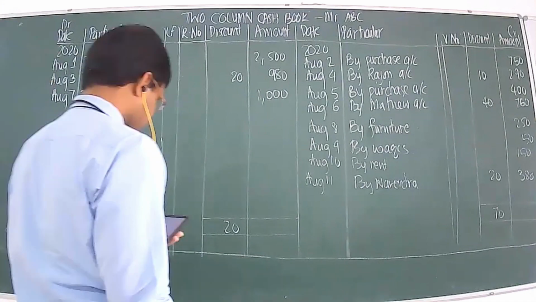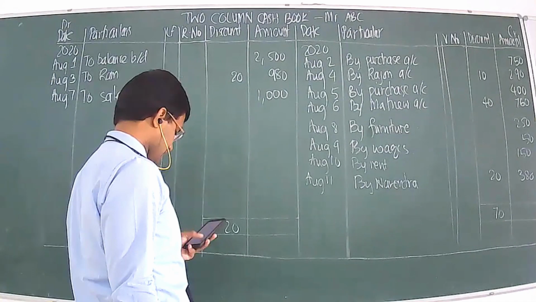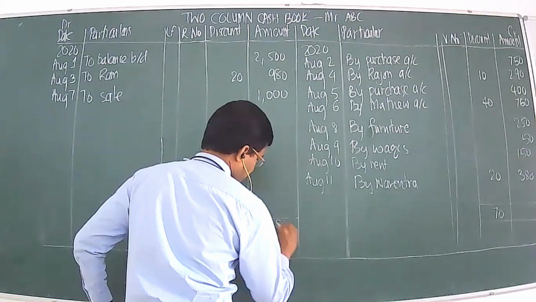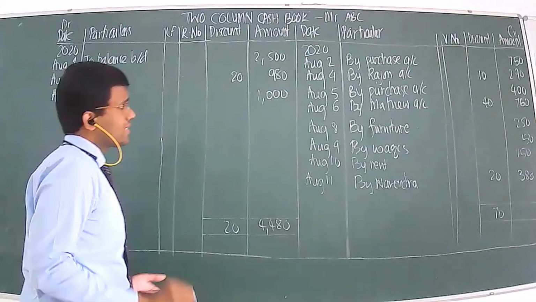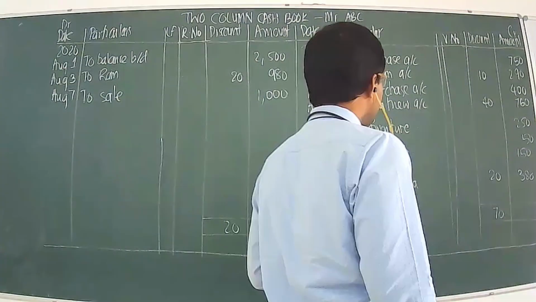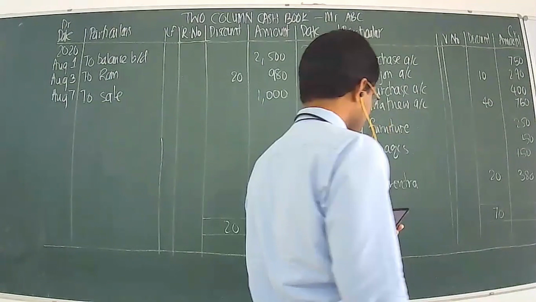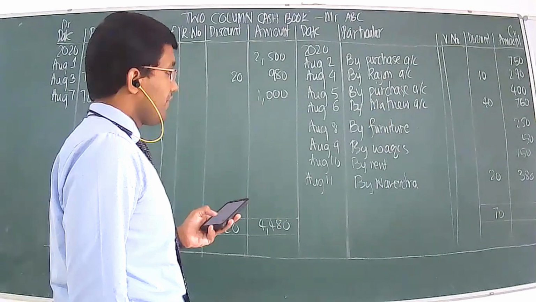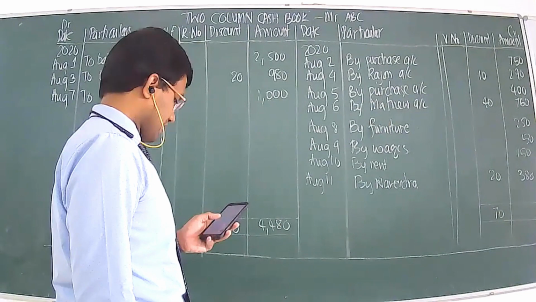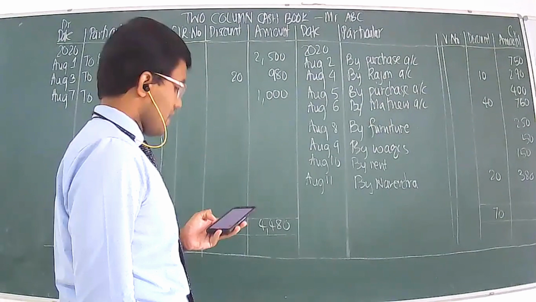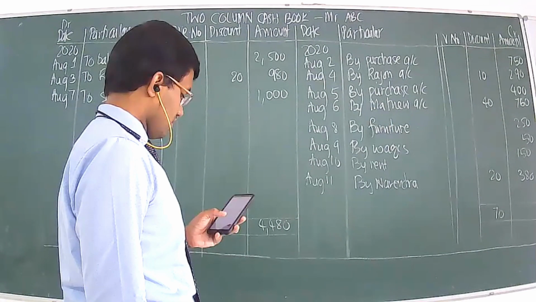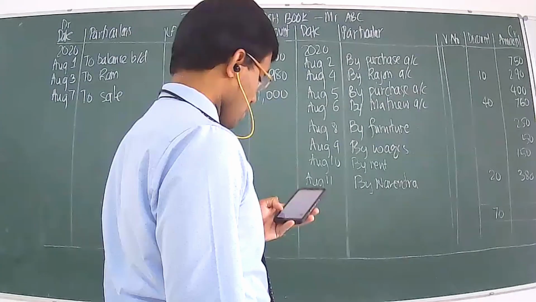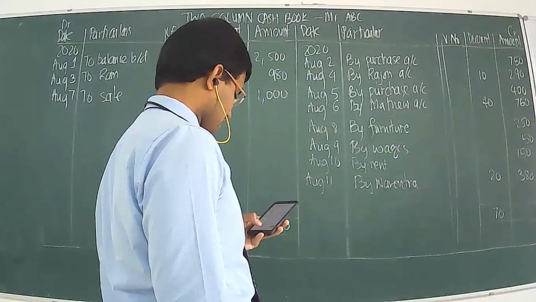So on debit side we have 2,500, then we have 980, and then we have 1,000 rupees. So the total works out to be 4,480. Now let's see the credit side. Credit side we have 750, then 290, 400, 760, 250, 50, 150, and 380.